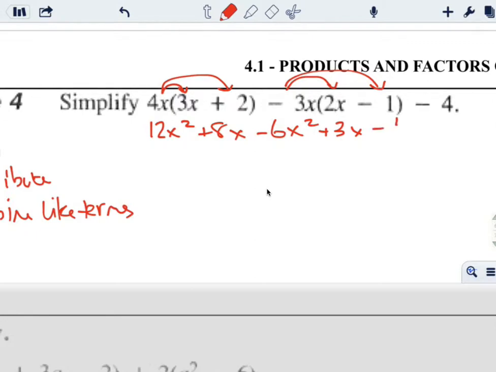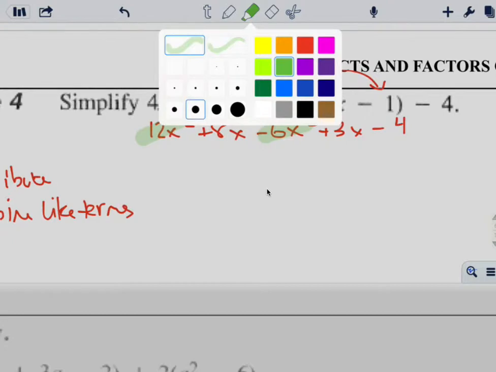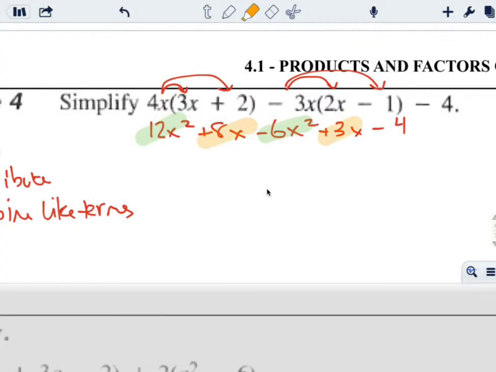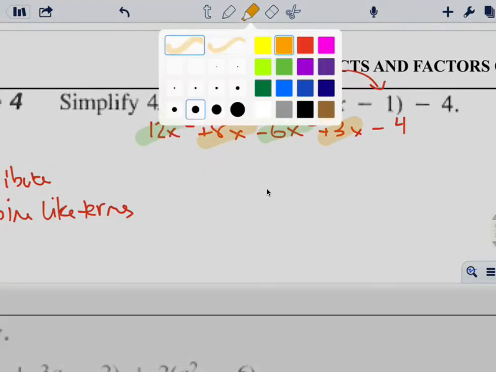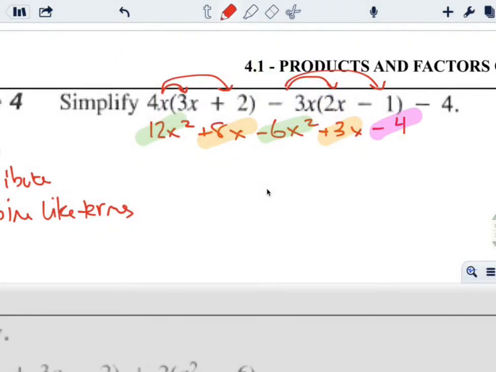And then minus 4, and we have like terms. 12x squared, negative 6x squared, 8x, positive 3x, and the other piece, negative 4, is on its own. 12x squared minus 6x squared is 6x squared. 8x plus 3x is 11x. And then the negative 4 minus 4. And that is your answer.